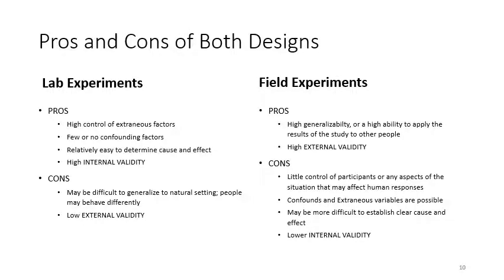And so it's really easy to determine cause and effect. The factor that the researcher thought would cause a behavior, well, it's pretty clean. There's not much to get in the way. And so we say it has high internal validity.